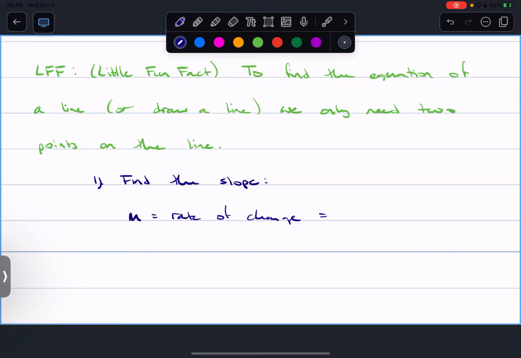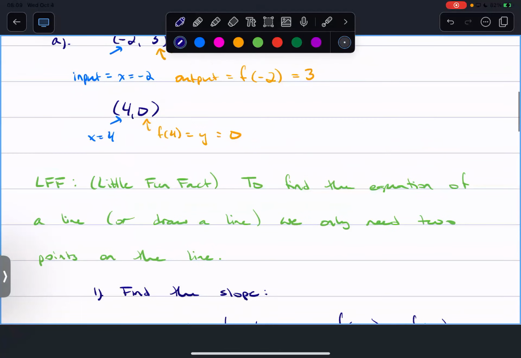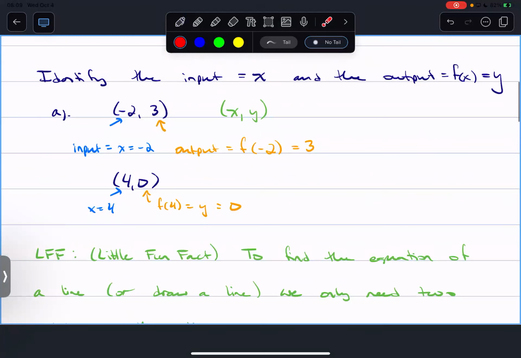Now, what I'm going to do is I prefer the f of x2 minus f of x1, right? Output 2 minus output 1 over x2 minus x1, which is also the reason, right, why I kind of converted it to f of negative 2 is 3 and f of 4 is 0. You don't have to, right? Just take the first or the second output minus the first output, and then you're all good.